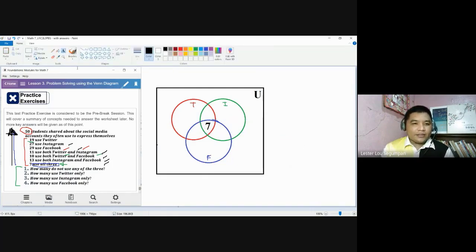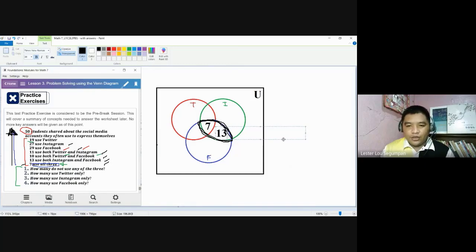So I already started with the first, and let's move to the 13. 13 use both Instagram and Facebook. The area wherein the Instagram circular figure and the Facebook circular figure are intersecting is this area here. This is the area that should contain 13. You might say, I will place here 13, sir.